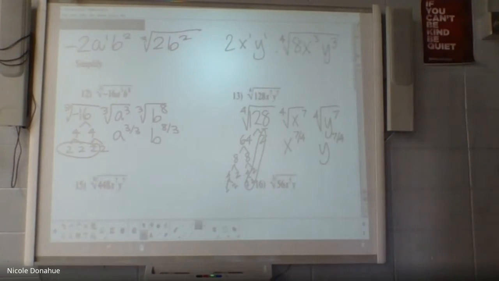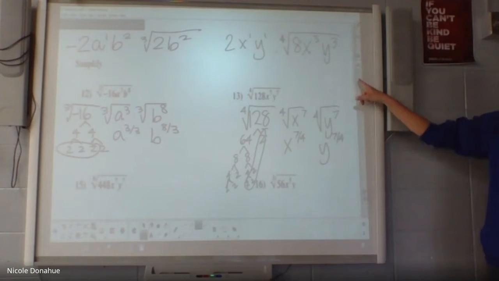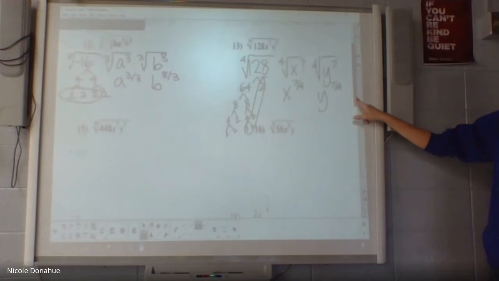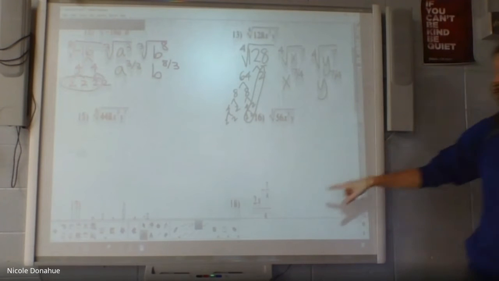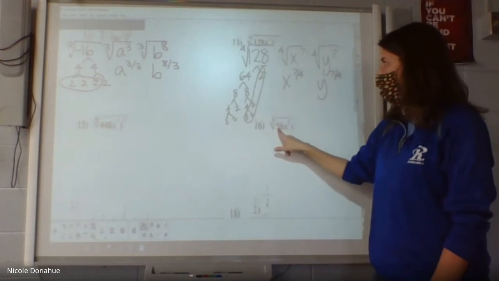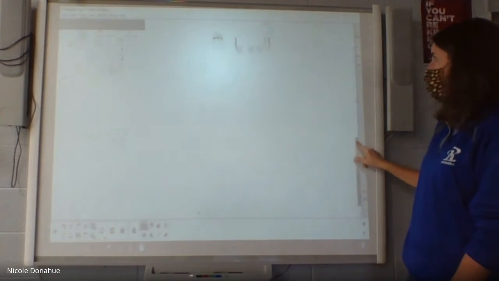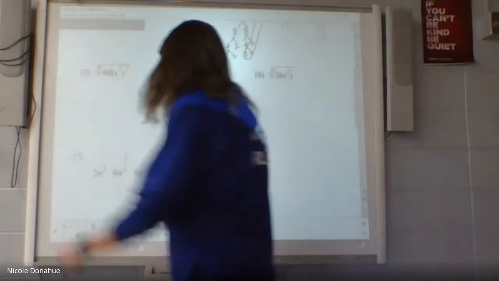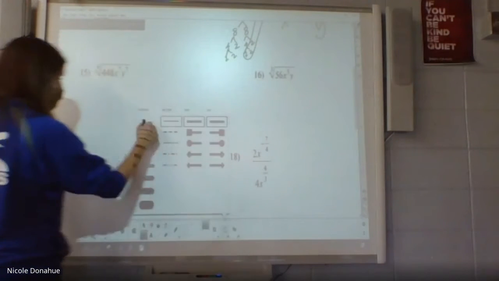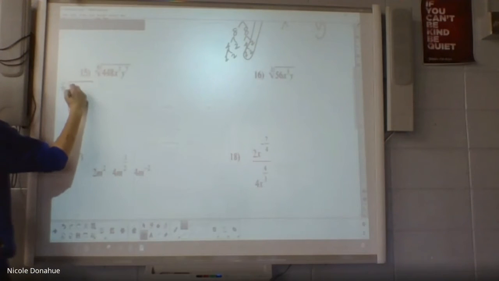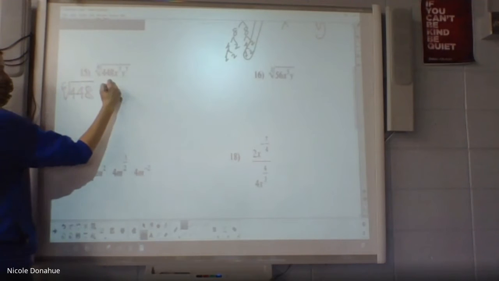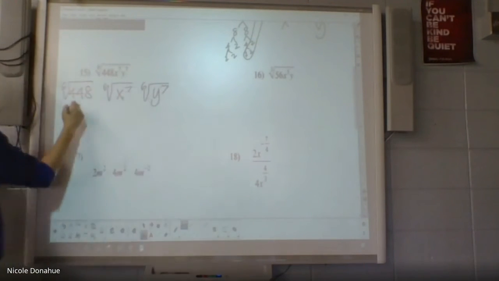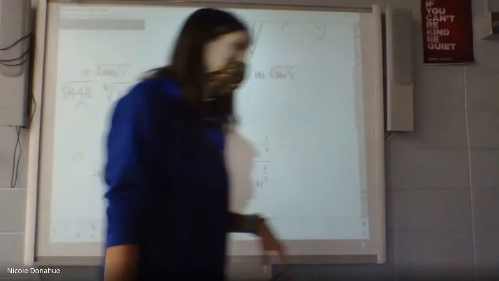Next one has a big number, 6. I might slide it down just so I have room to write above and below. Okay. So the 6th root tells me I'm looking for groups of 6 this time. So 448.